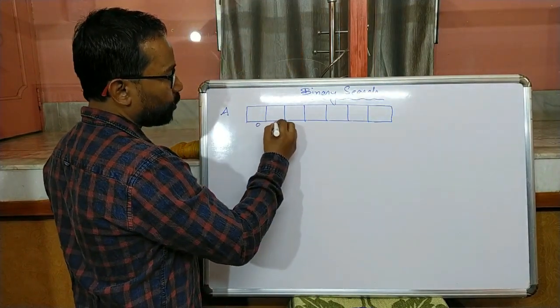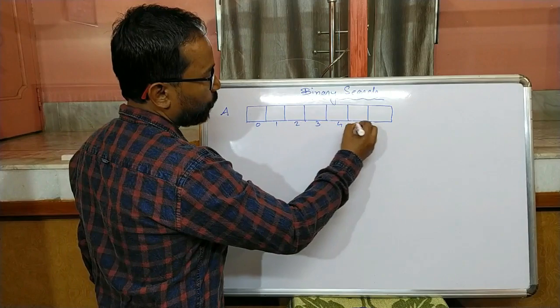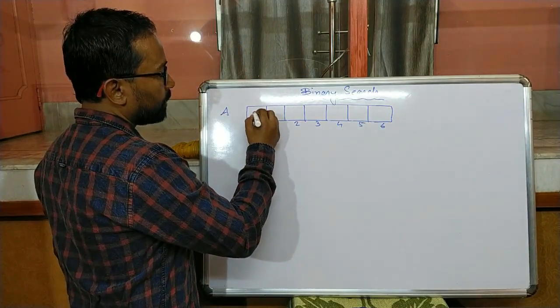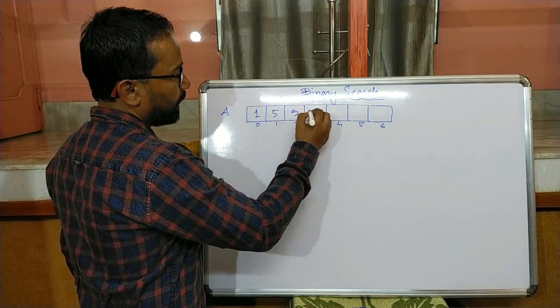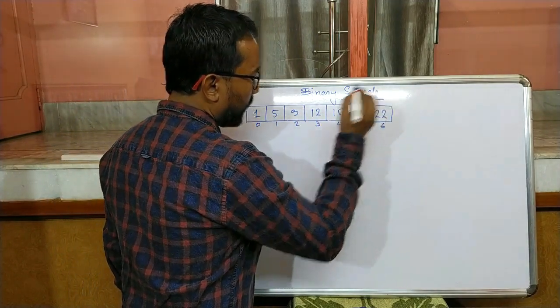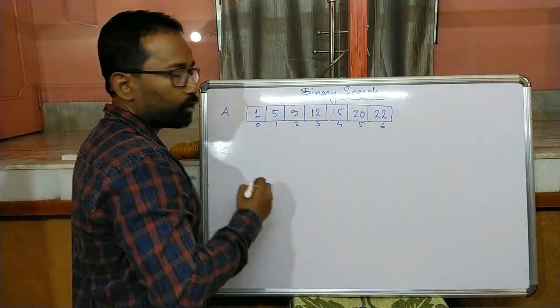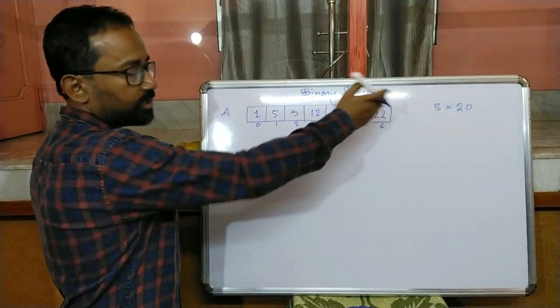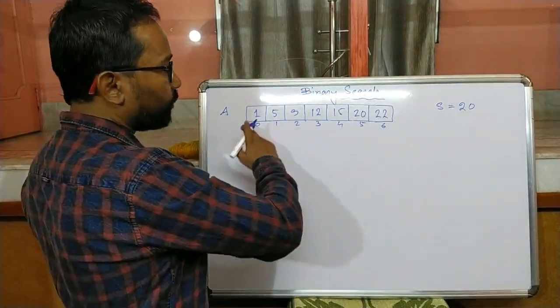Index numbers are 0, 1, 2, 3, 4, 5, 6. And the values of the array are 1, 5, 9, 12, 15, 20, 22. The array name is A, and the value to be searched is S, and it is 20 suppose. So this is my search key. We have to find this value in this array.